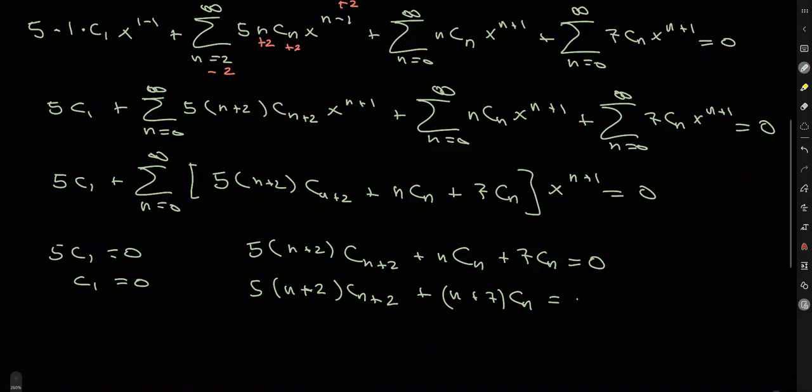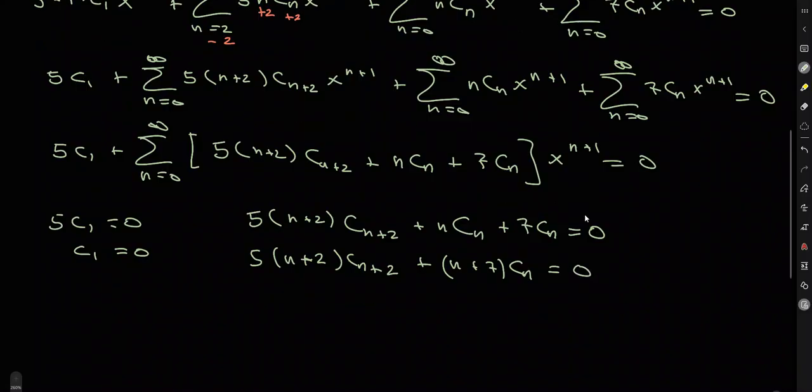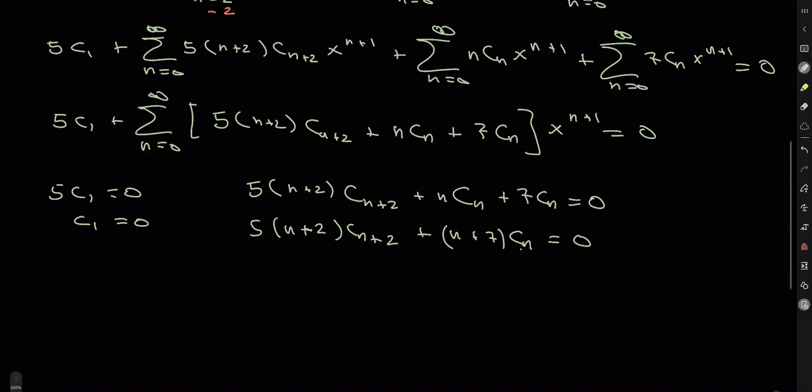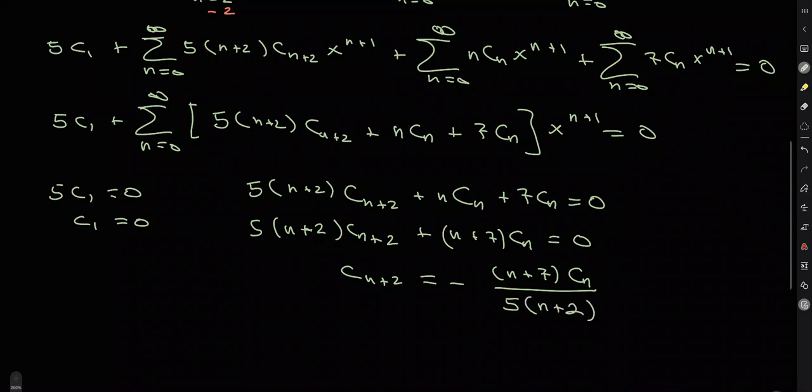So at this point, we may solve for c sub n plus 2. I'm going to subtract n plus 7 c sub n on both sides and then divide both sides by 5 times n plus 2. That's going to leave us with c sub n plus 2 equals negative n plus 7 c sub n divided by 5 times n plus 2. So that's going to be our recurrence relation.